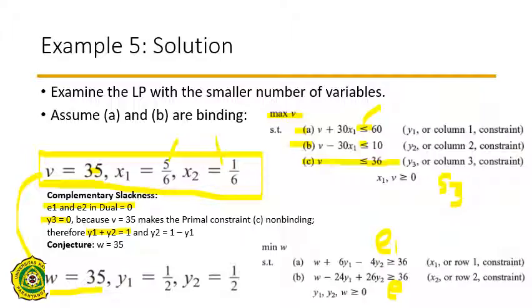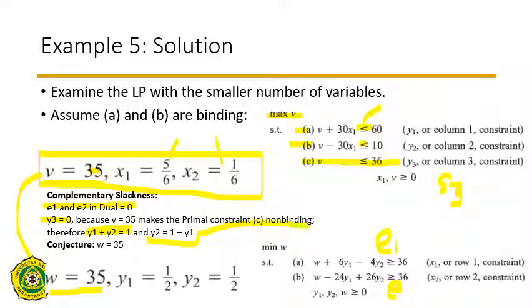Originally, the sum of these three probabilities, y1, y2, y3, must be 1, the sum of all possible strategies for the column player. Now, because we know y3 equals 0, we only have this equation left, y1 plus y2 equals 1, which means that we can say y2 equals 1 minus y1.